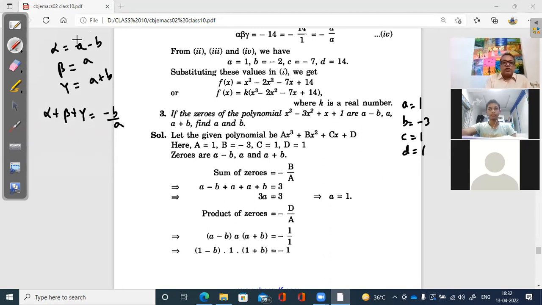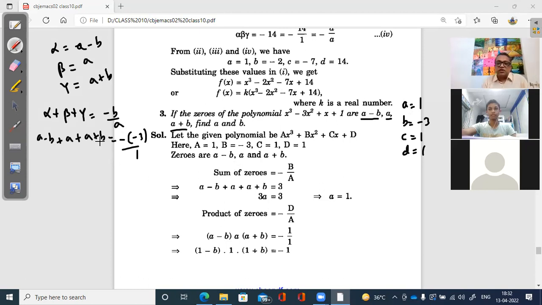Now alpha plus beta plus gamma, you know your three zeros are given, a minus b, a, a plus b. So a minus b, this is your alpha, plus beta value a, plus gamma value a plus b is minus b by a. So when I am saying minus b by a, that's going to become minus of minus 3 by 1, right? Minus b by a, yahan se karna hai. Now here what will you observe?